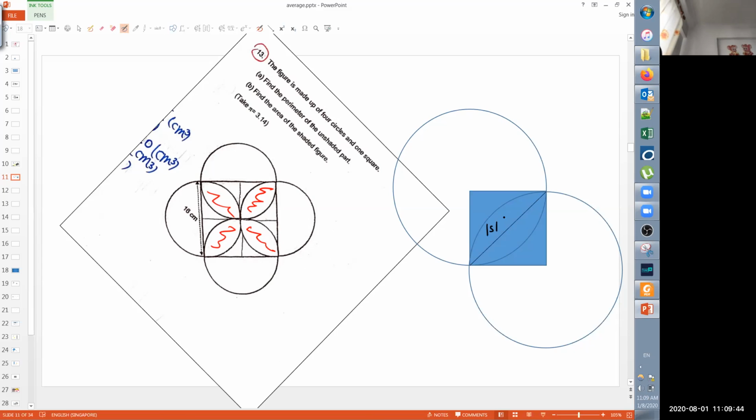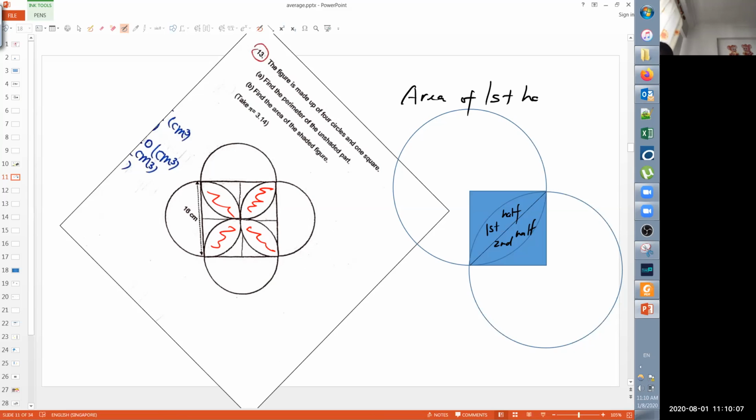This is called the first half, and this is the second half. So if you can find just one part of it, the first half, you times two, you will get the leaf, right? Can you find out the area of the first half now?